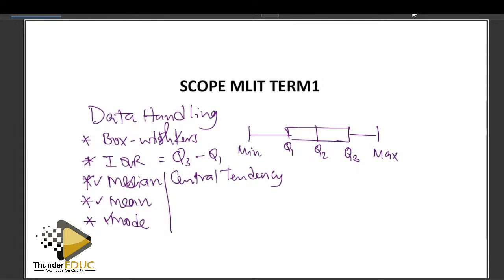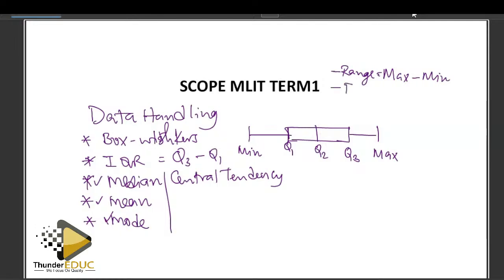When you look at the box and whiskers, what are the questions that you might expect? I expect questions such as determining the range, because you already have the maximum minus the minimum.